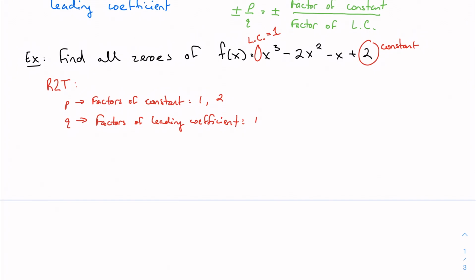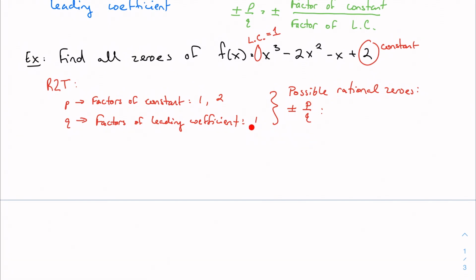So my possible rational zeros, I'll list it out this way then, are all of the possible combinations plus and minus of p divided by q. Well, we can do this pretty methodically. I'm going to take my first p and put it over all of my possible q's.